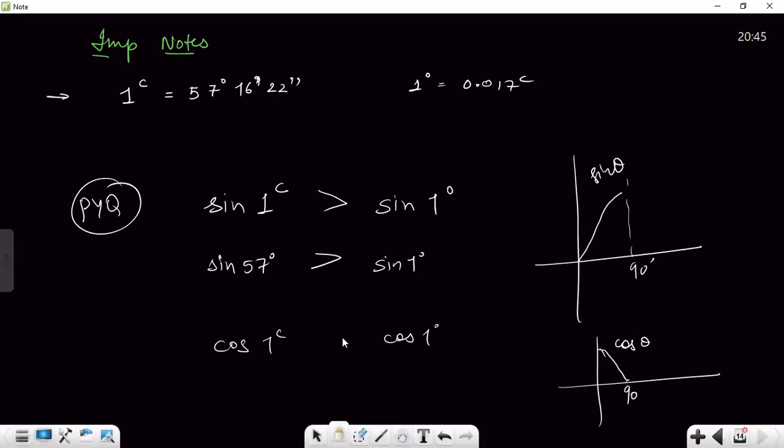So cos 1 degree will be greater than cos 1 radian, that is cos 57 degrees. Is that clear? Yes, sir.